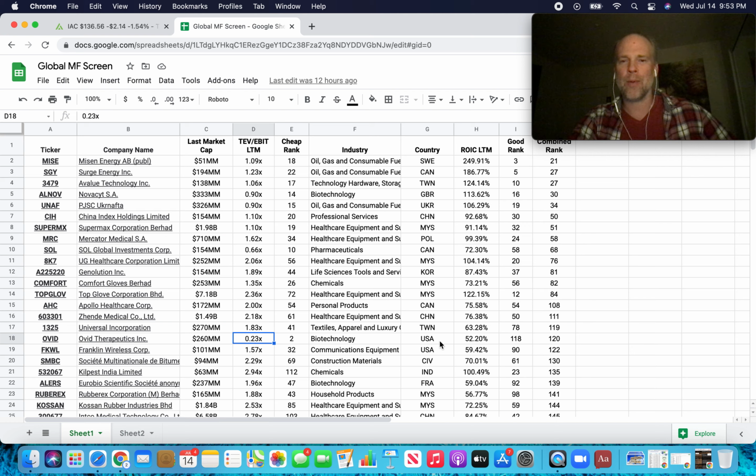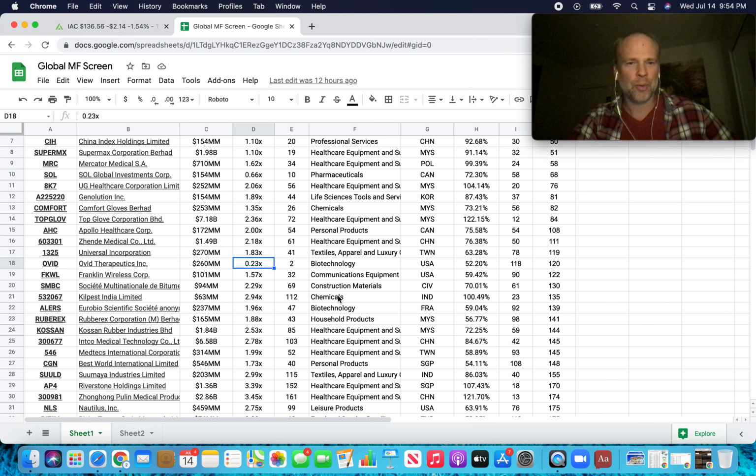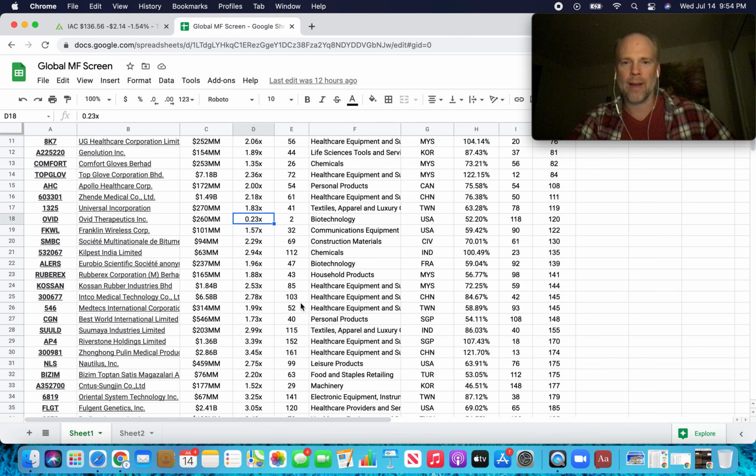Return on invested capital, 52%. So some pretty compelling numbers there. And then you have Franklin Wireless out of the U.S. And then there was one, Nautilus, okay? Make workout equipment, exercise equipment. Very impressive on both an ROIC and acquirer's multiple basis.